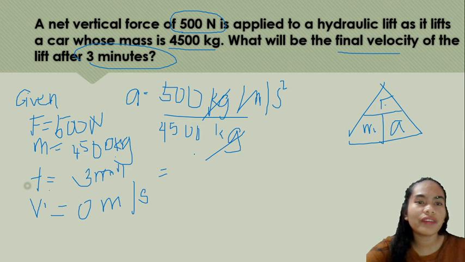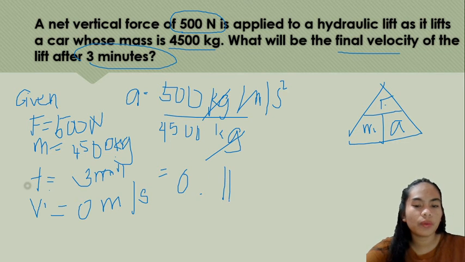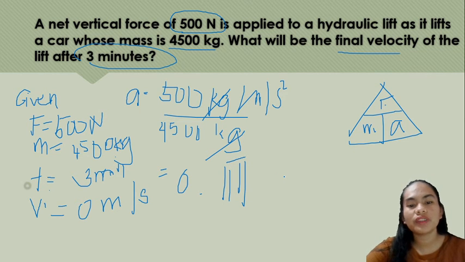So, we have 500 divided by 4,500. We have 0.1111 and so on. So, that is now your acceleration.